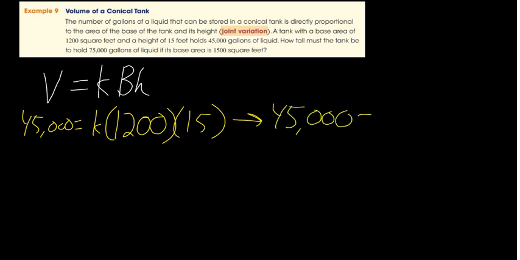All right, so equal to 1,200 times 15. 1,200 times 15 is going to be 18,000, so 18,000 K. We divide both sides by 18,000, so 45,000 divided by 18,000 is going to be 2.5. Well, that's pretty easy.